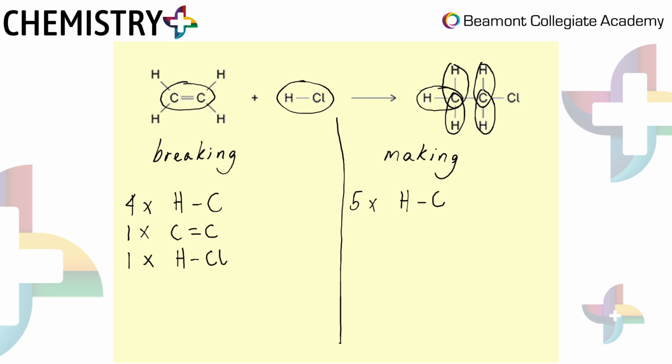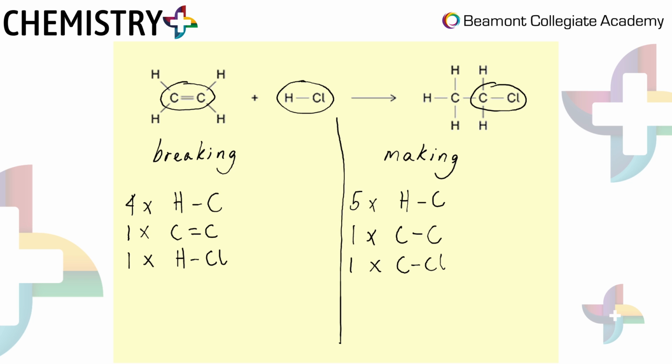What else have we got? We've got the single HC in the middle. And finally, we have got the CCl, one of those. This can now be used to calculate the bond energy on both sides of the equation. So let's do that.